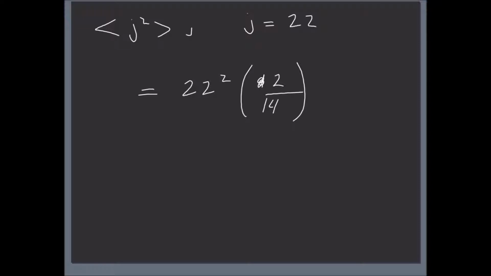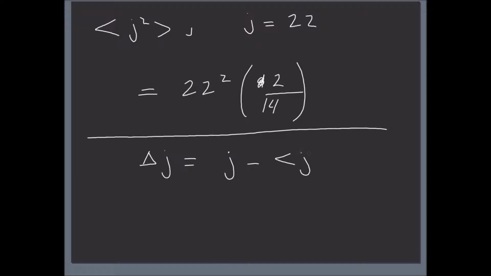Alright, so we're gonna look at now something called the standard deviation. This is something that's gonna show up later on in later lectures. We're gonna look at delta j. Delta j is given by j minus the expectation value of j, or the average, and so this is delta j, right?